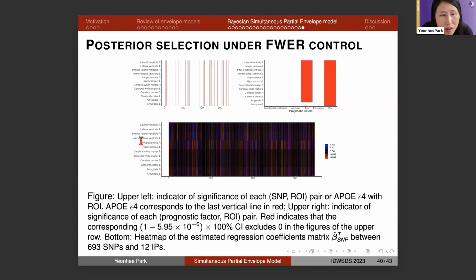We also found that the association for specific regions of interest, such as the inferior lateral ventricle, hippocampus, and amygdala, is relatively higher. And this was verified in past research.